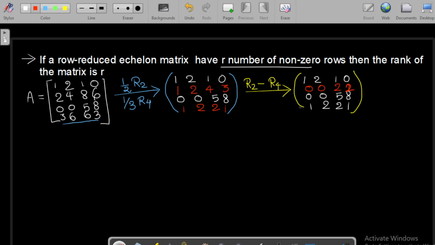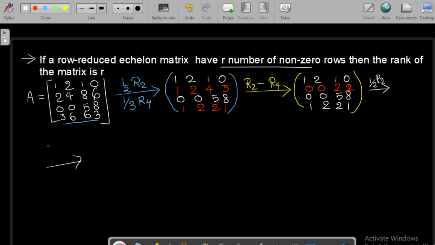Now I can apply the next row operation. I can see that in the second row all the elements are even, in fact 2. So I divide the second row by 2. This is the row operation I'm going to give. Let me write the row operation in the next line.